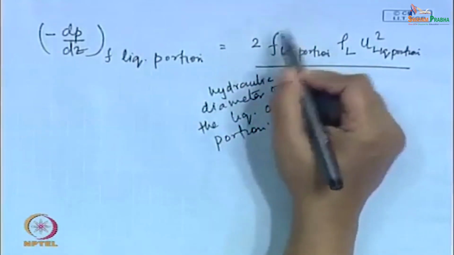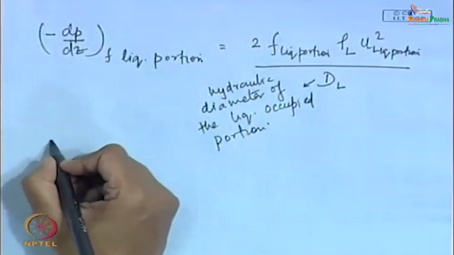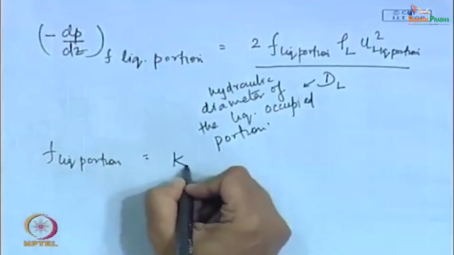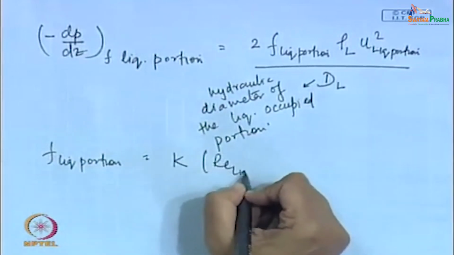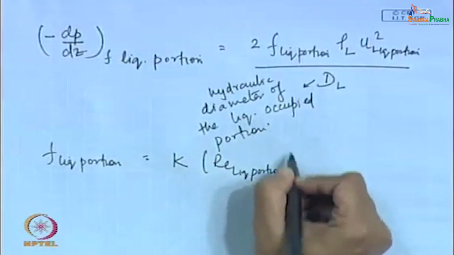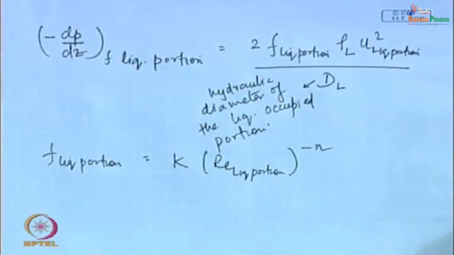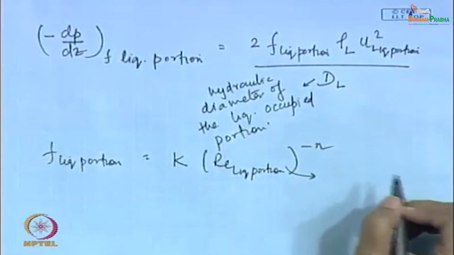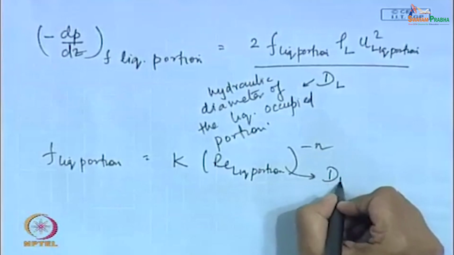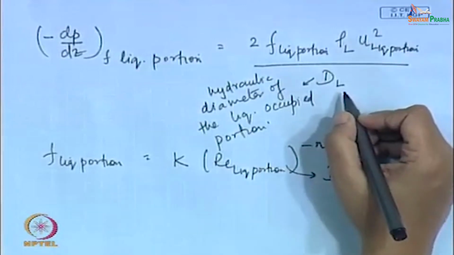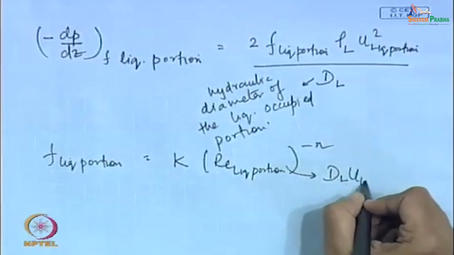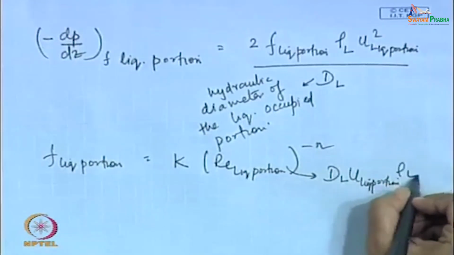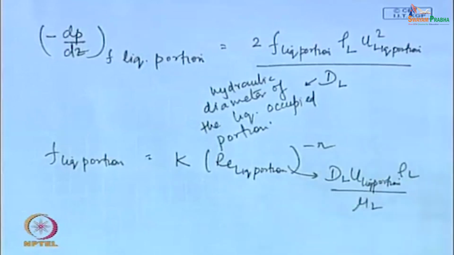Now, what is this f liquid portion? This is nothing but K Re liquid portion, whole to the power minus n. Yes or no? And what is this Re liquid portion? This will be dL, the hydraulic diameter of the liquid occupied portion, times u liquid portion, rho L by mu L. Yes or no?